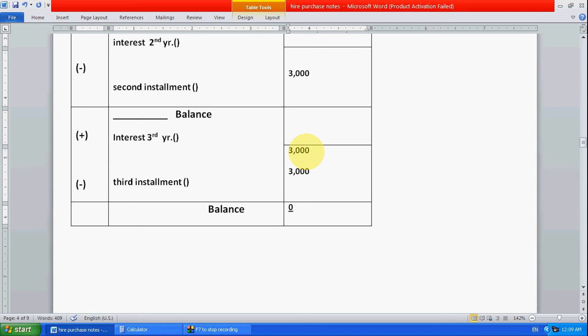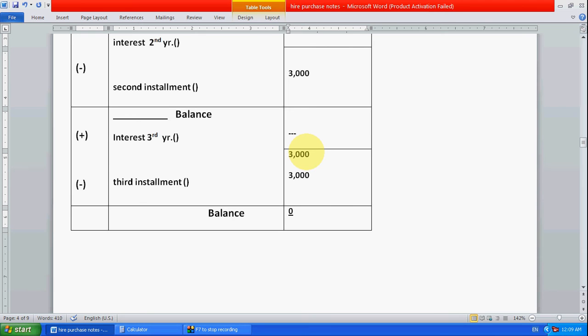So before, how much is the balance? 3,000. There is no interest, means the balance was the same 3,000. So here the balance is 3,000, then we have paid 3,000.